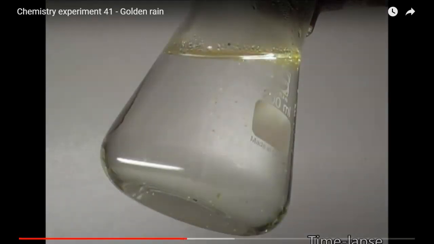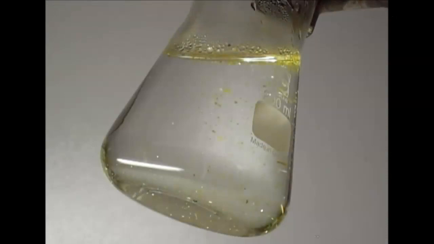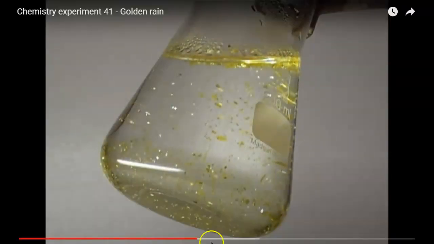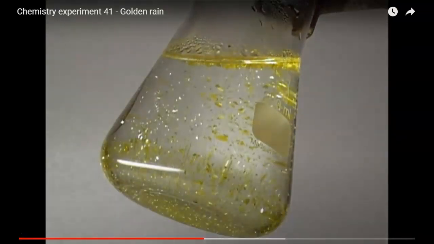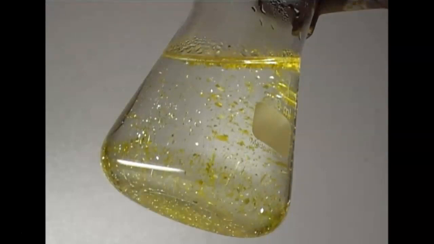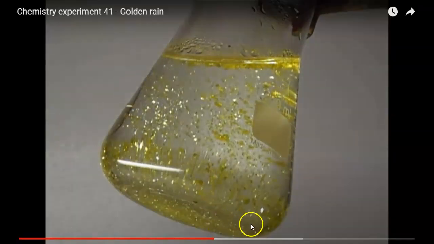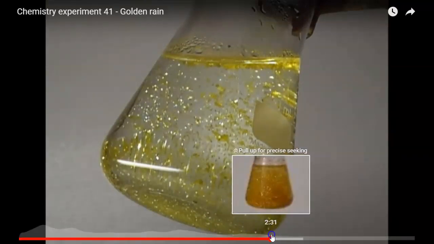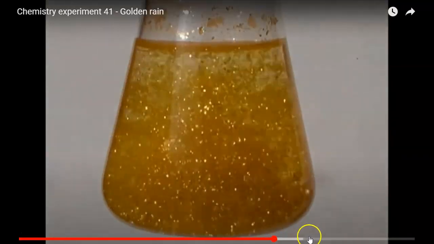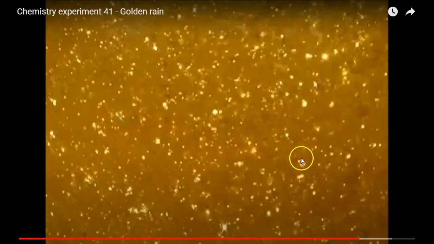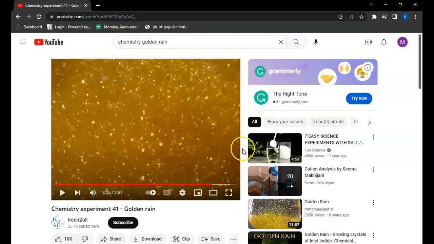I think this is a time lapse. And then it makes those yellow crystals in there over time. Eventually it looks like that. But that's an example of where you have a precipitate forming from two solutions.